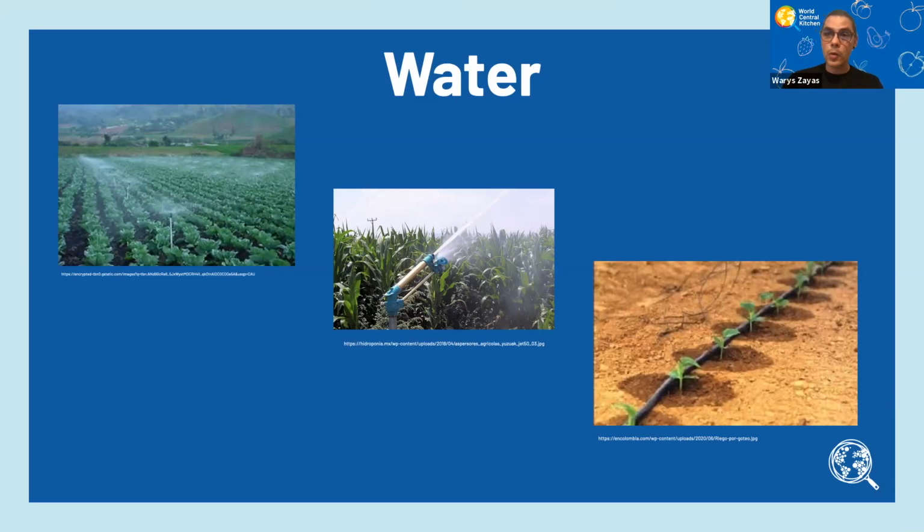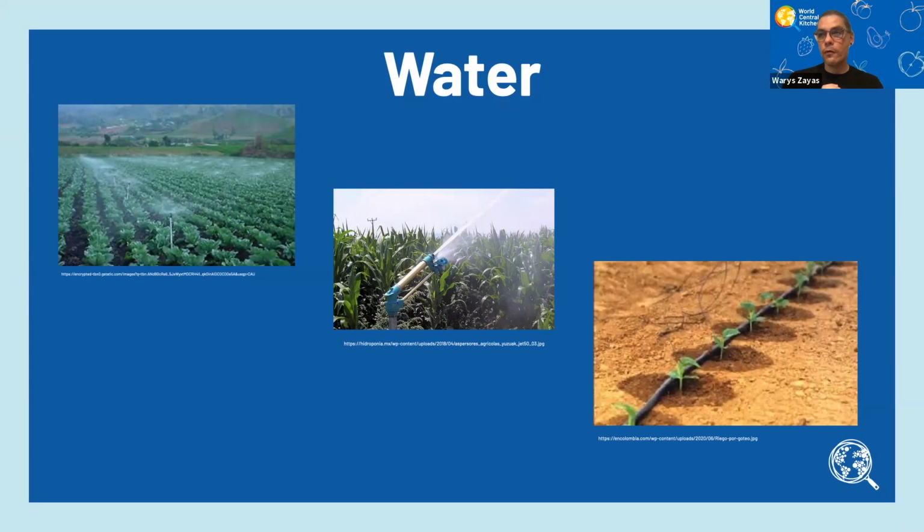The center one is what we know as a water cannon, and it not only uses water in a non-efficient way, the impact on the soil when the water hits it is really heavy. And by the way, if you want to see it, you can go to YouTube or Google and look for a video with a heavy zoom of a water drop hitting the soil, and you will see how the soil is affected by the impact of water.